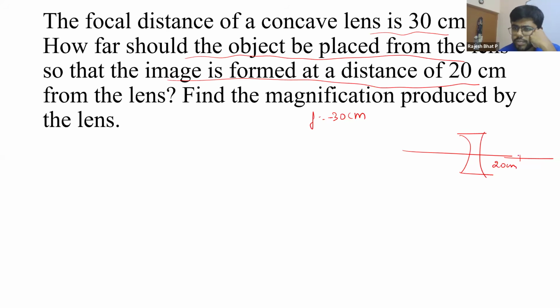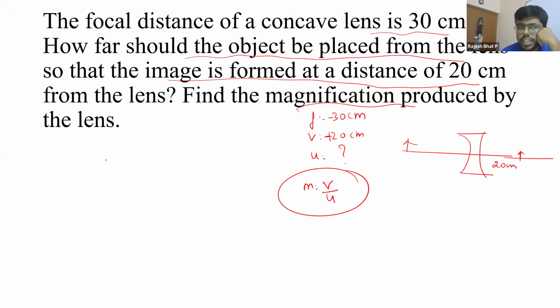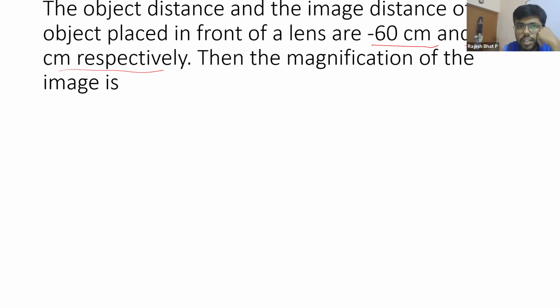V is given, which is 20, and positive because it is on the right side. U I need to find out. So you can do this like the last problem: find the magnification using the magnification formula, then divide both of them. This problem I think you can do.